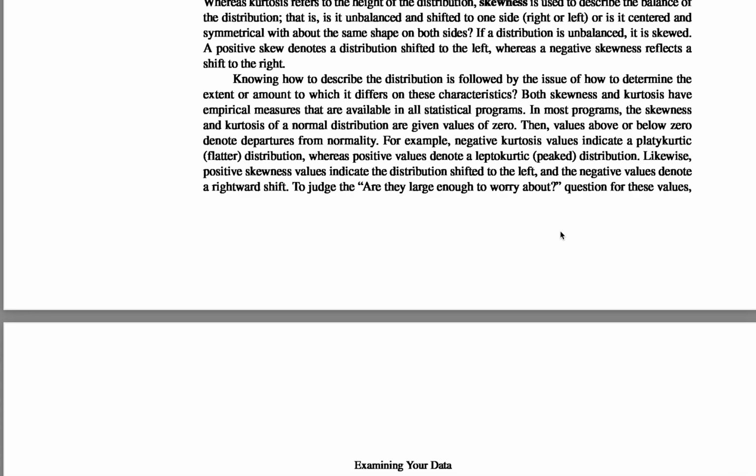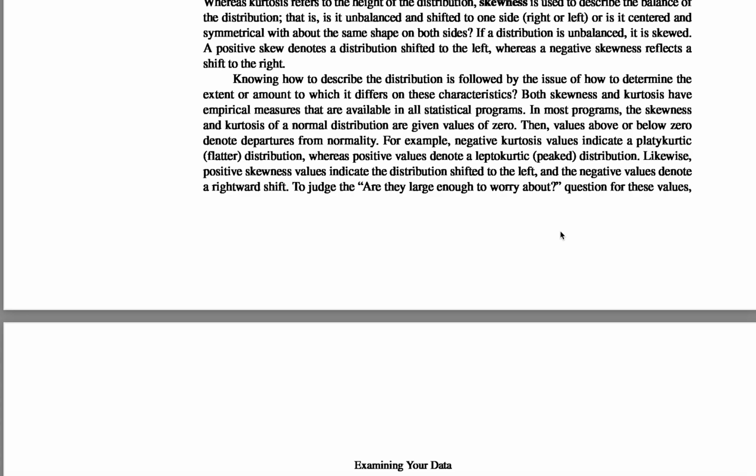Knowing how to describe the distribution is followed by the issue of how to determine the extent or amount to which it differs on these characteristics. Both skewness and kurtosis have empirical measures that are available in all statistical programs. In most programs, the skewness and kurtosis of a normal distribution are given a value of zero. Values above or below zero denote departures from normality. For example, negative kurtosis values indicate a platykurtic distribution, whereas positive values denote a leptokurtic distribution.